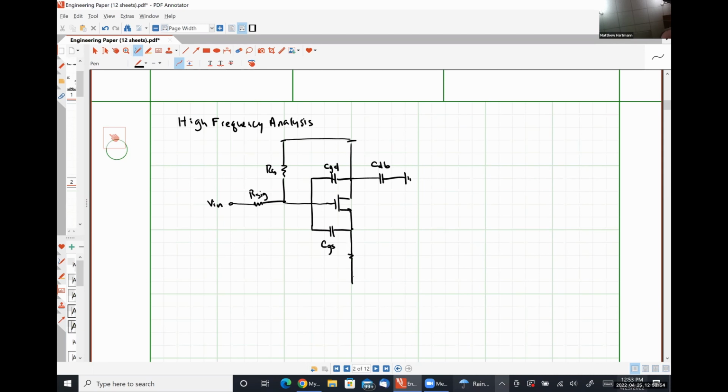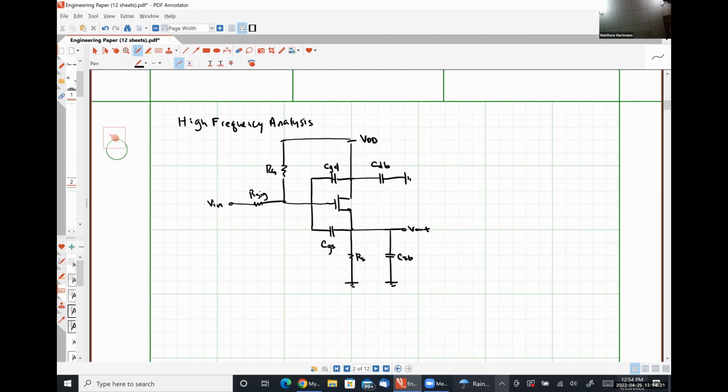And then we have our resistor RS here between the source and the bulk. We have CSB, and finally we take our output voltage here, and our power supply is VDD.